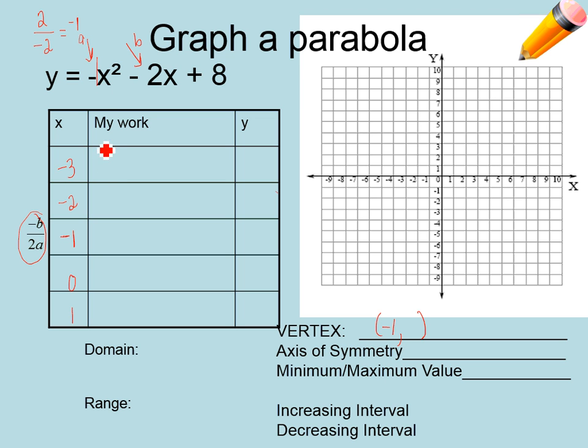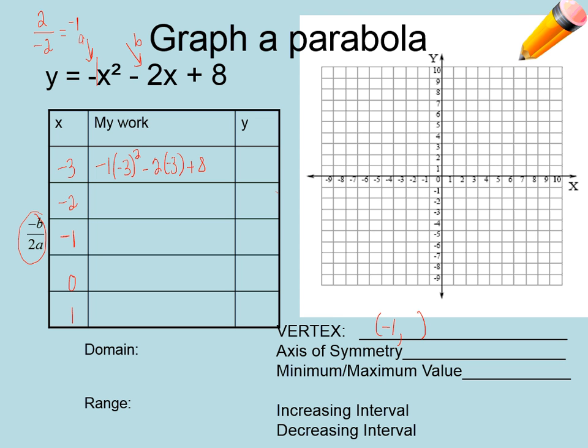So I'm going to plug -3 in. Now this is where you're going to make a little mistake every once in a while because of these darn negatives. So we have to do -1 times -3 squared minus 2 times -3 plus 8. Now this is where I would take my calculator and make sure that I use parentheses exactly where it says.